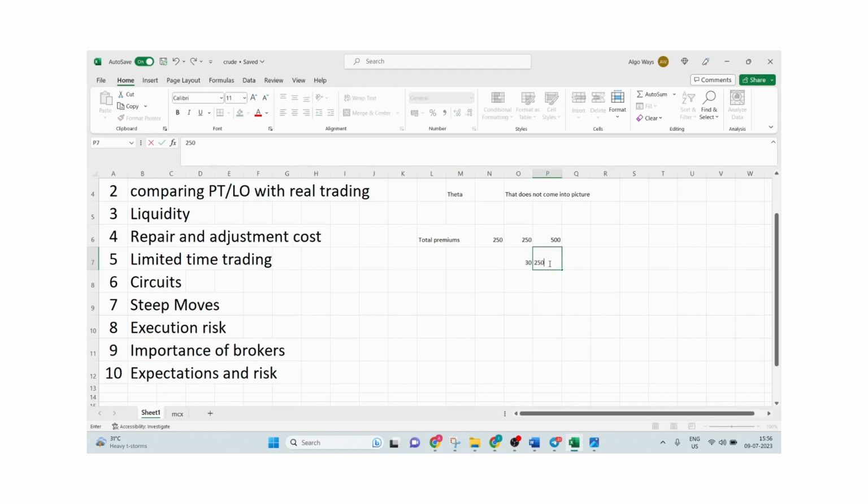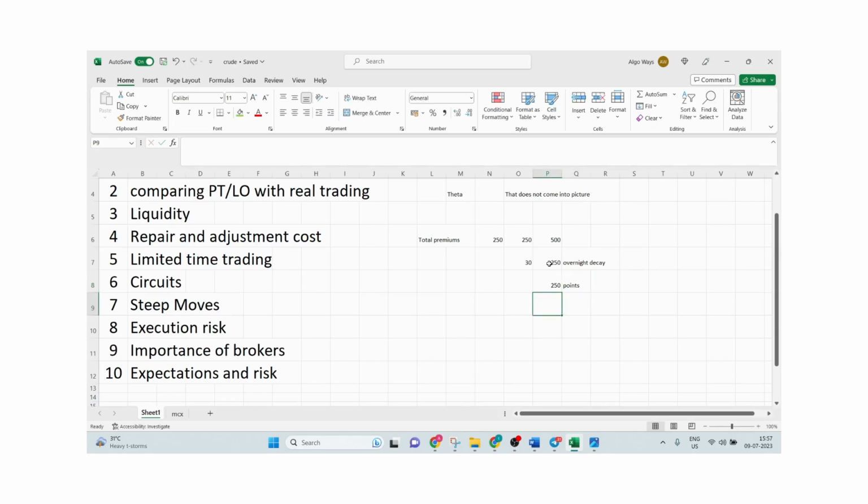So 250 points of decay we cannot capture at all, because overnight decay is happening and we are not participating in that. So how much is left for us to play with? 500 minus 250 is 250 points of decay. Now this is the decay which is supposed to happen in the trading hours.